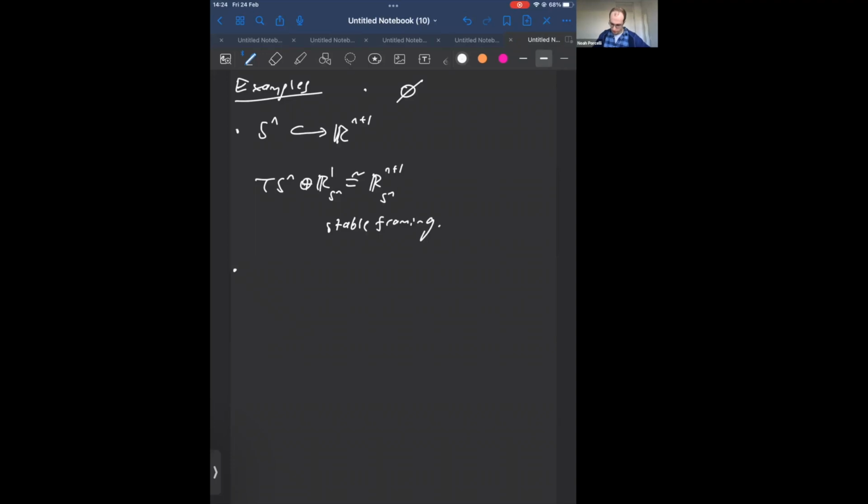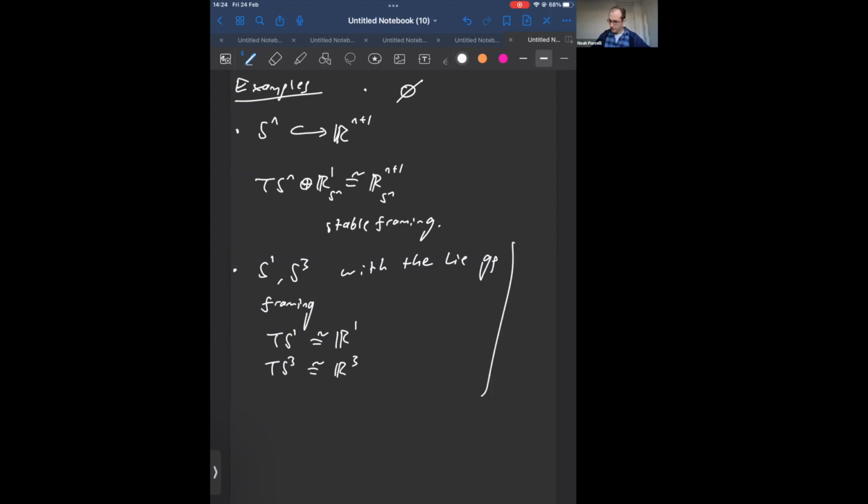Another example you can take is S^1 or S^3 with the Lie group framing. So this comes from it being a Lie group, and this will actually be TS^1 isomorphic to R^1, or TS^3 isomorphic to R^3. But this framing and this framing on S^1 and on S^3 are actually not the same. They're different.